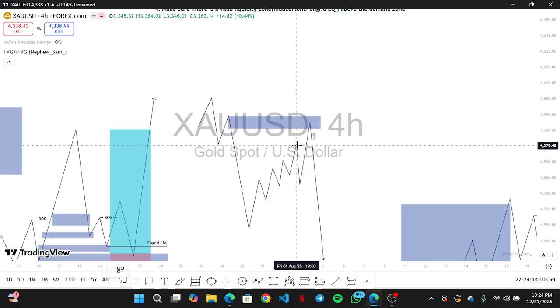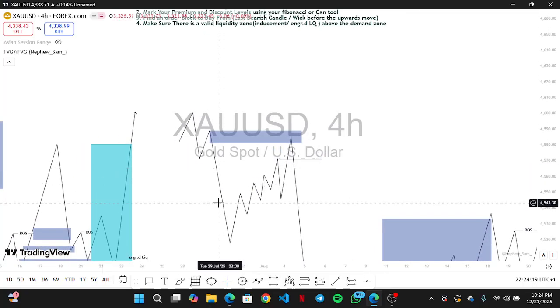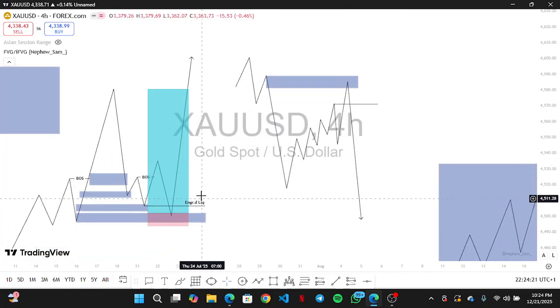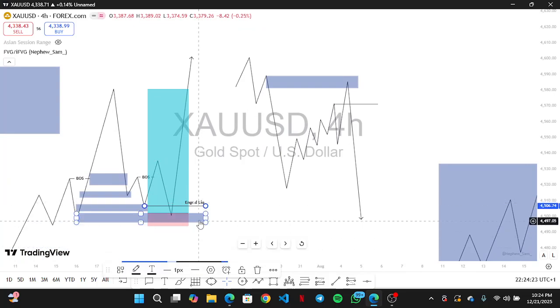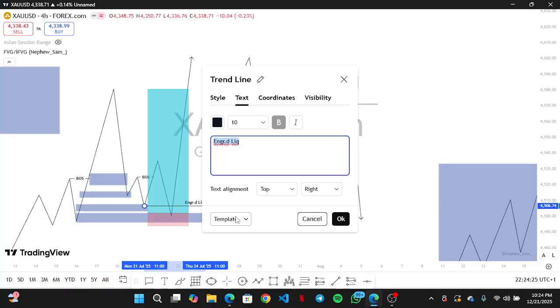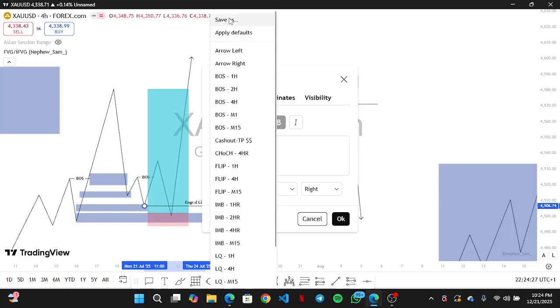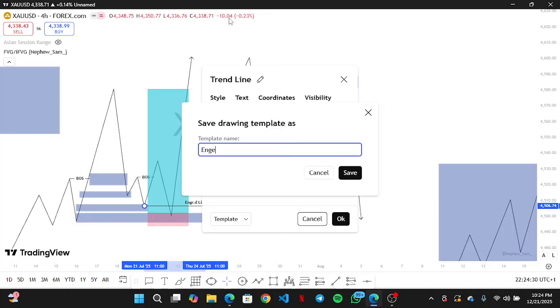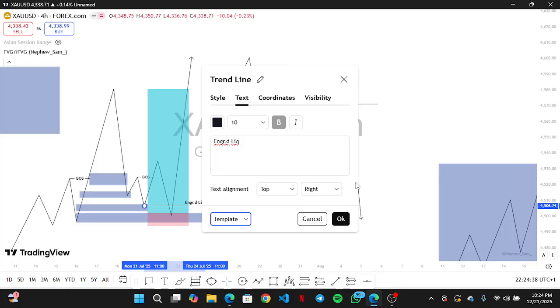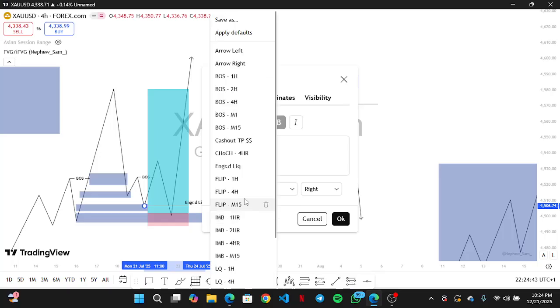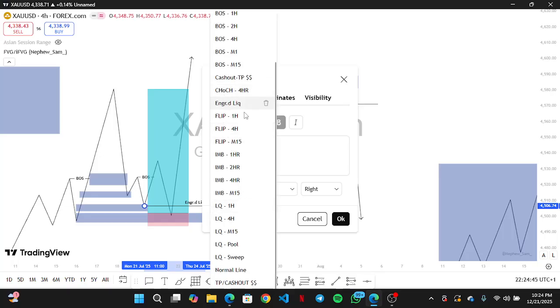So this is your engineered liquidity here, because market took out that low there. You get what I'm saying? Let me make this a tool of mine. Add it, save as engineered liquidity. So it's saved here.